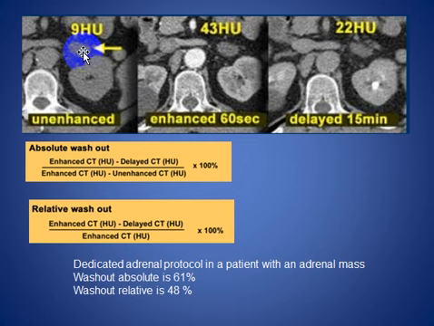Here, on the unenhanced CT scan, the left adrenal mass has a density measuring 9 Hounsfield units, so this is an adenoma. On the enhanced CT scan at 60 seconds, it is 43 HU, and at 15 minutes it is 22.